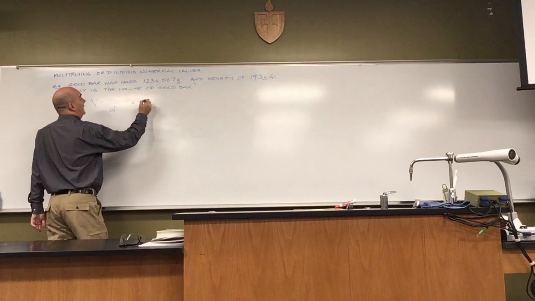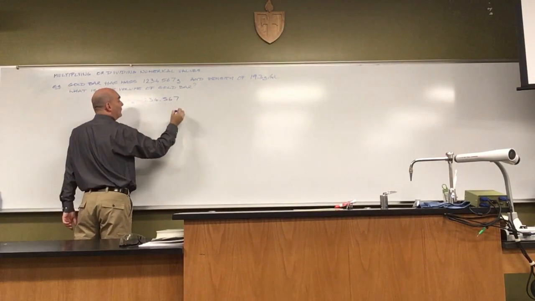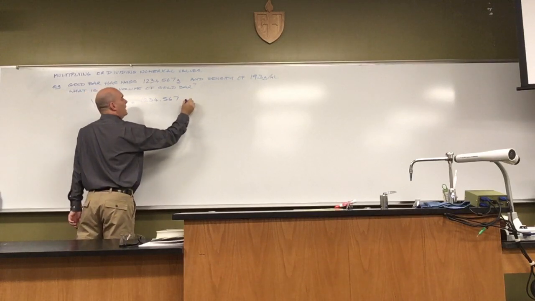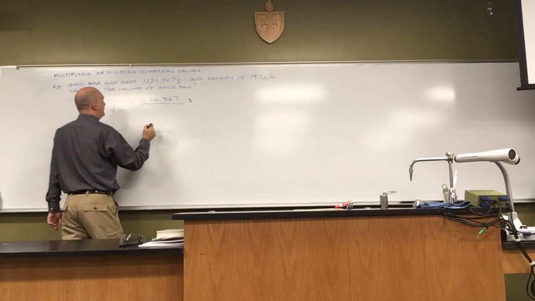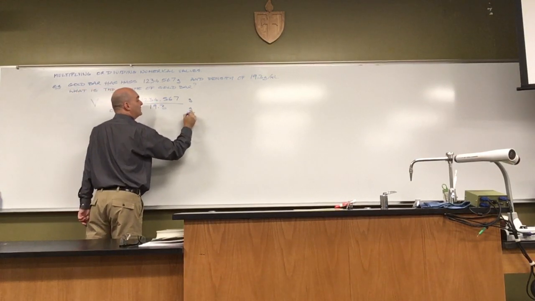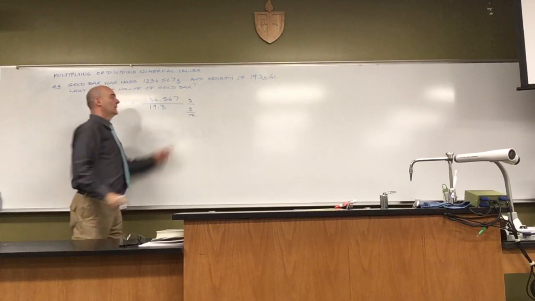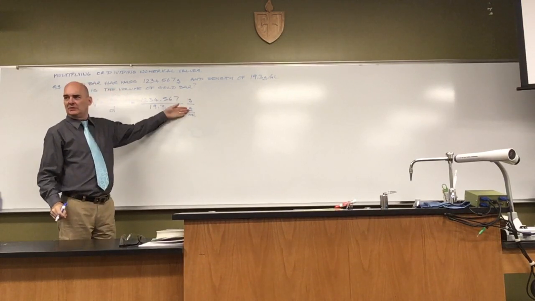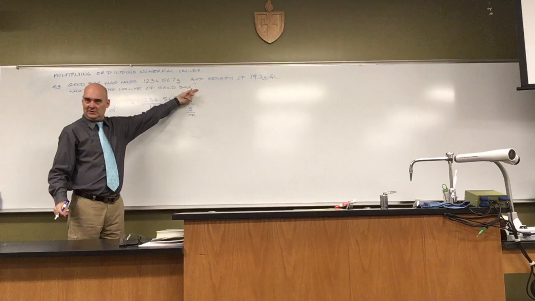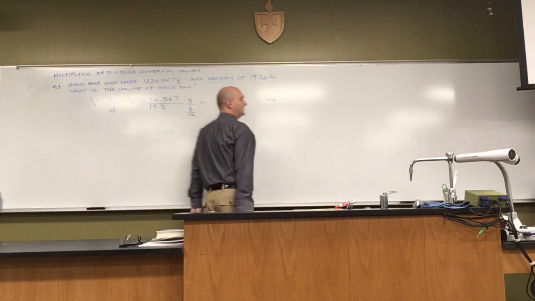That volume is 1, 2, 3, 4, 5, 6, 7 grams divided by 19.3 grams per milliliter. And the grams divided by grams cancel, and then the per milliliter is going to go right to the top and give me an answer that is in milliliters.